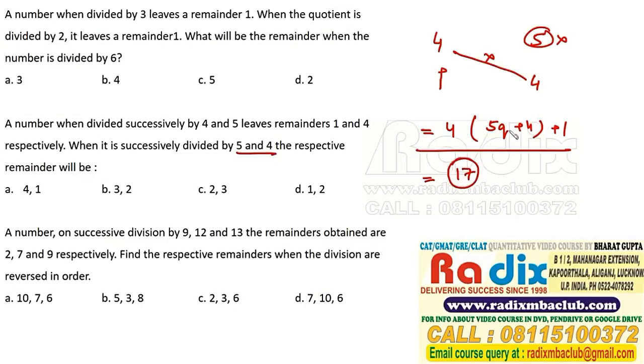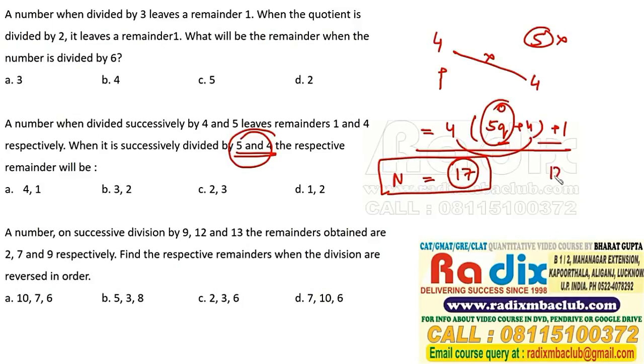Using q as 0, we directly get the number 17, right? Now 17 when divided by 5, the remainder is 2 (5 3s are 15), and the quotient 3 when divided by 4 leaves remainder 3. So the answer is 2:3, option C.